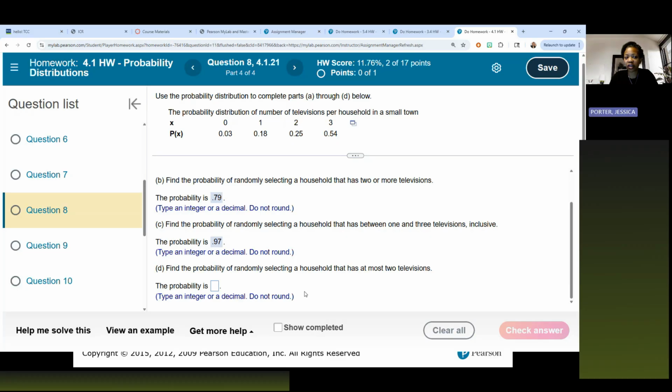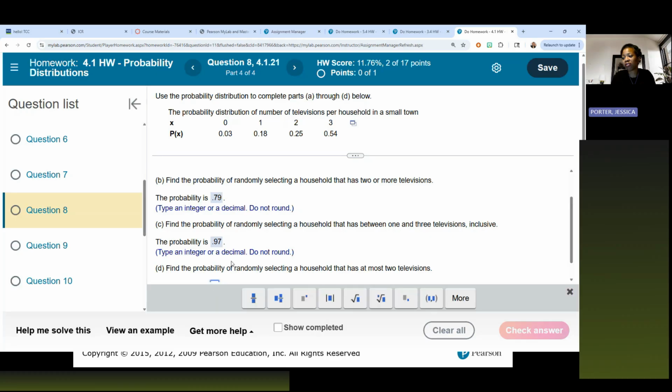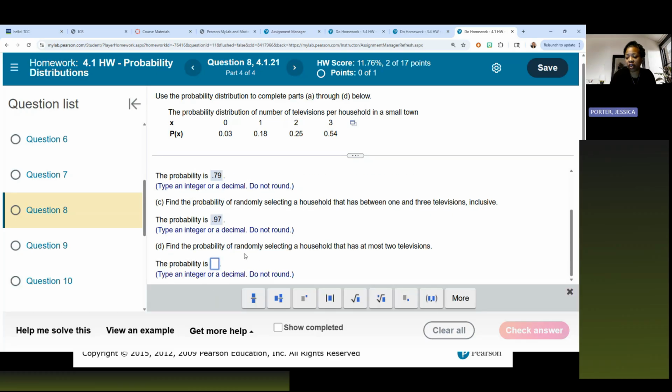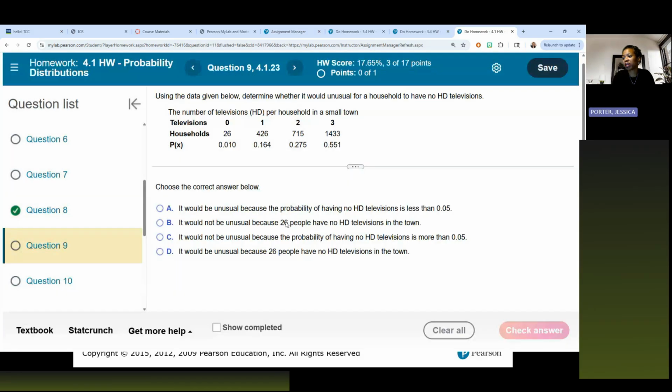What number did you subtract from 1 to get 0.46? Right, 0.54. The only one that's not included is 0.54. So you could do 1 minus 0.54. And I got a lot of 0.46s. Great.